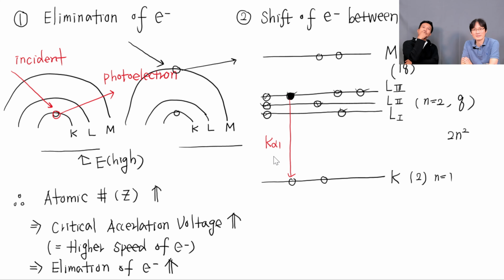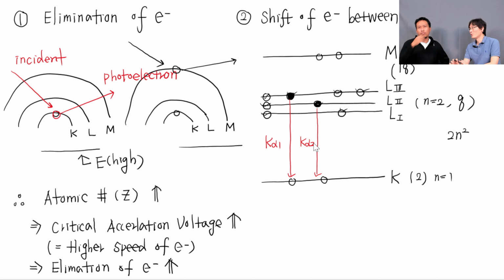Second, we can think about the atom on the L2. This atom also drops down here, and it should be K alpha 2.